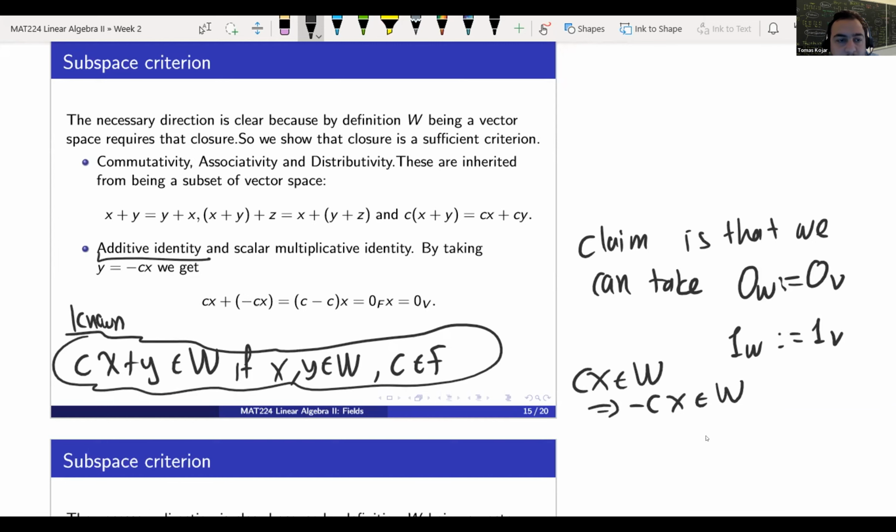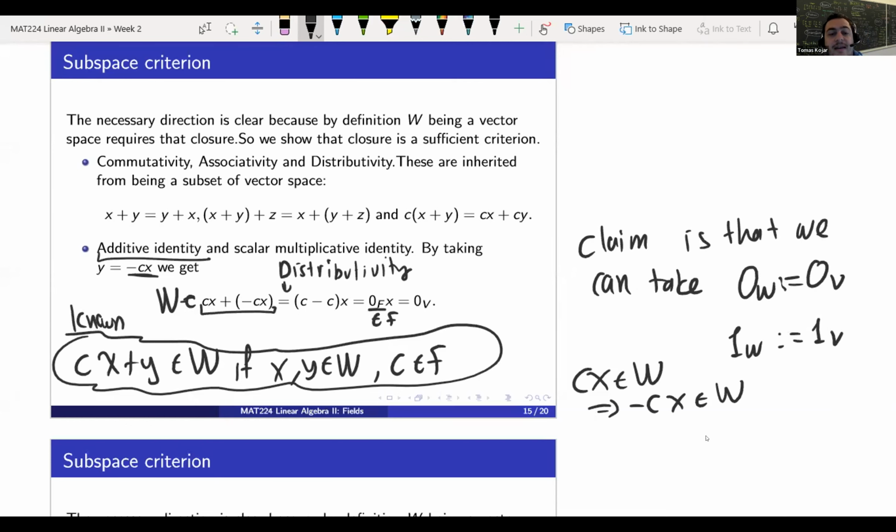So the trick we do is we take y to be -cx. Then we know that this is in W, but then we have distributivity. So here we use distributivity, and when you add them, you get the zero element of the field.